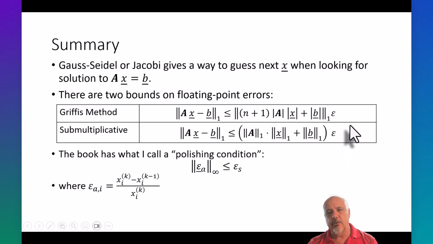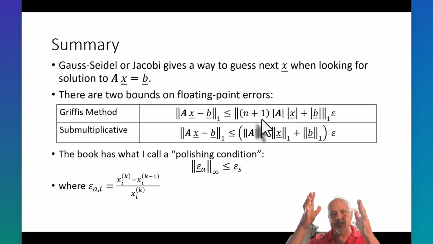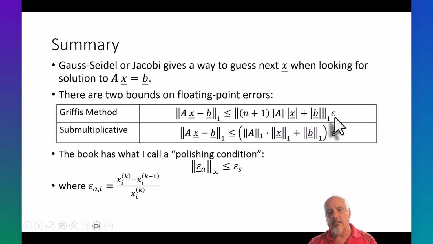There's one that I called the Griffiths method, which is a bound related to taking absolute values of the a, the x, and the b, and multiplying the ax product by n plus 1. Then you add in the b vector, absoluted, and then you do the one norm of that, multiply by machine epsilon, and that sets the bound in the Griffiths method.